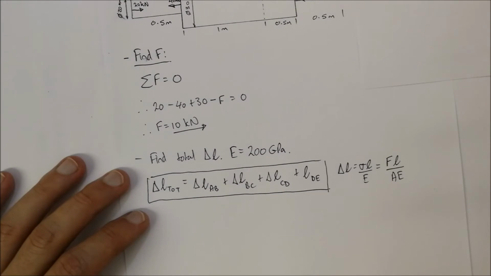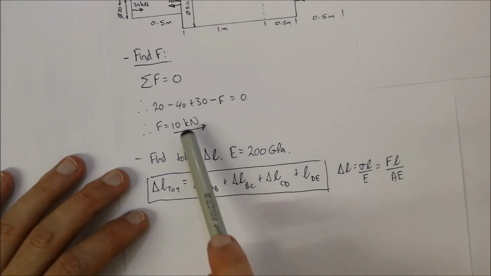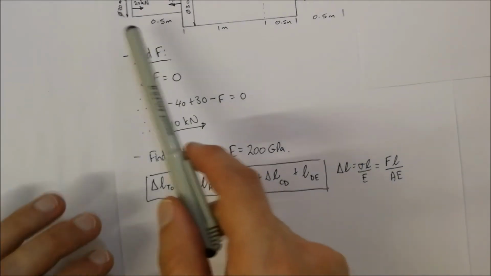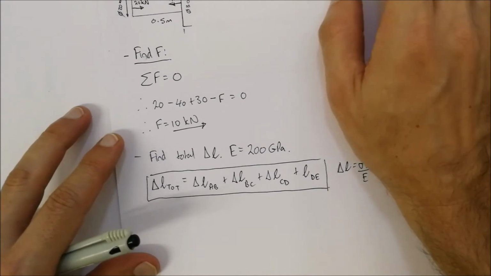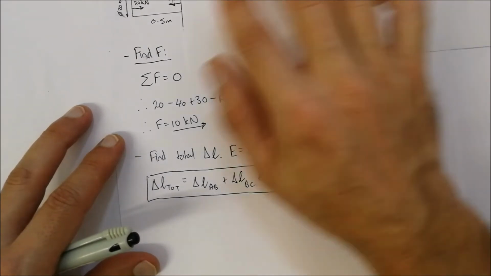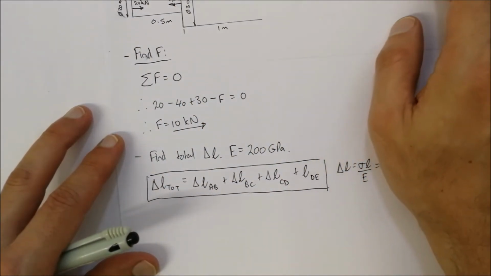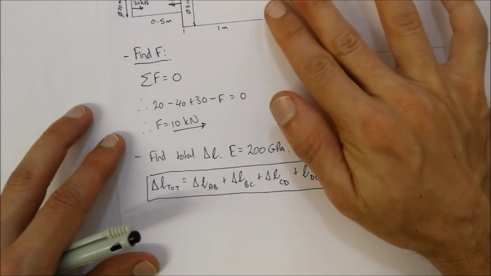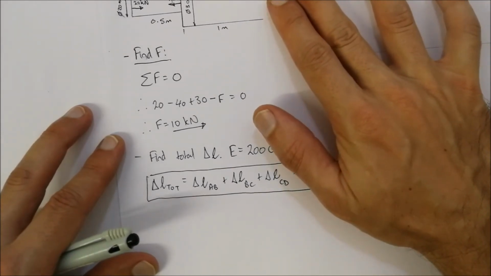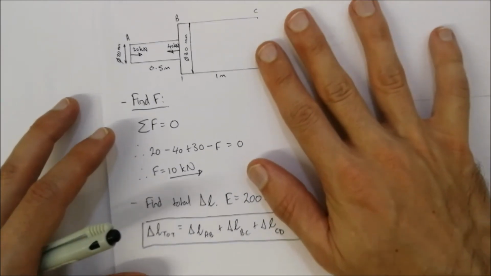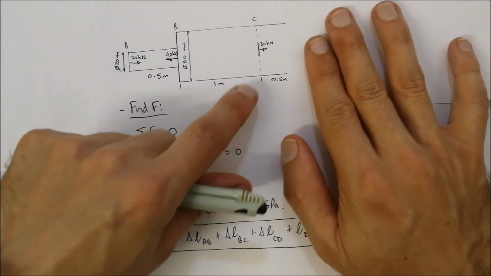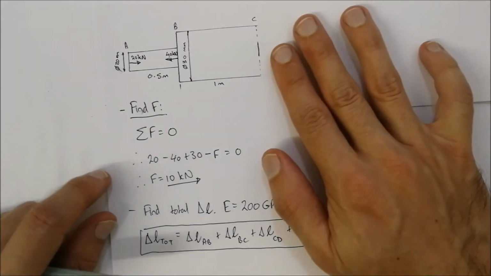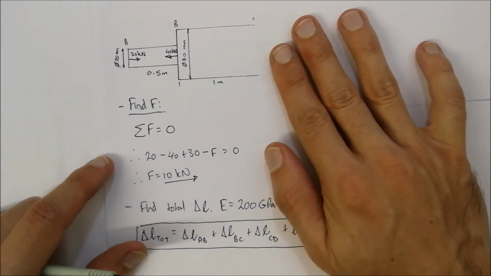Then, before you calculate the change in length, calculate the sum of the forces to make sure that's equal to 0. Place your piece of paper up to the member that you are looking at, for example AB or BC, and don't take into account the force at that specific point. If you're looking at BC, we're not taking into account the 30 kilonewtons over there because it's covered by the sheet of paper.